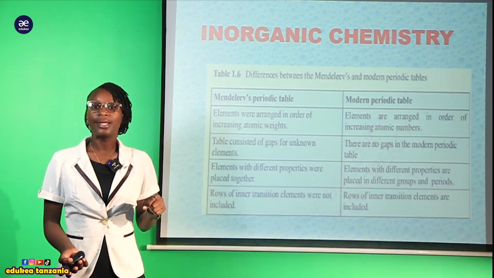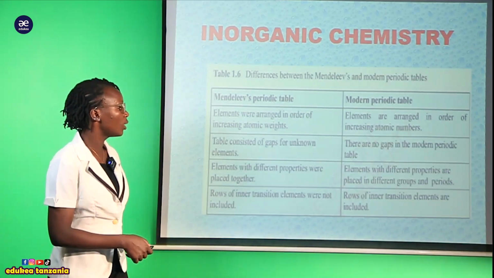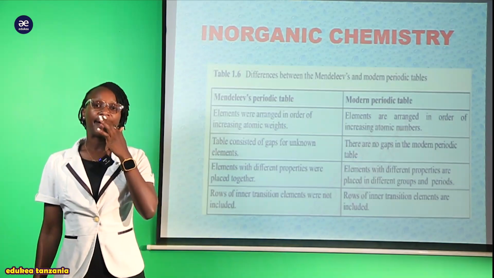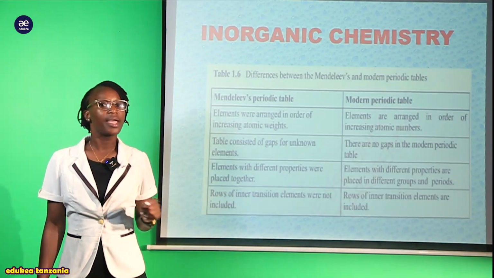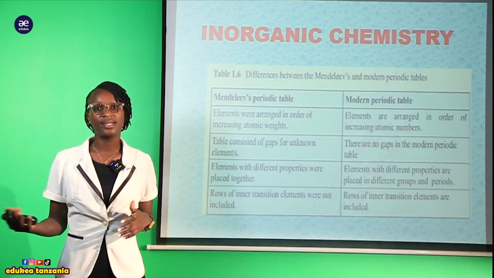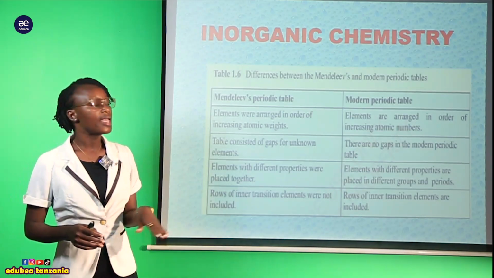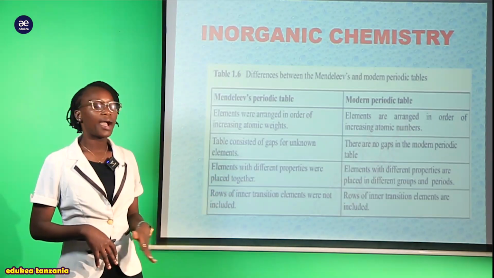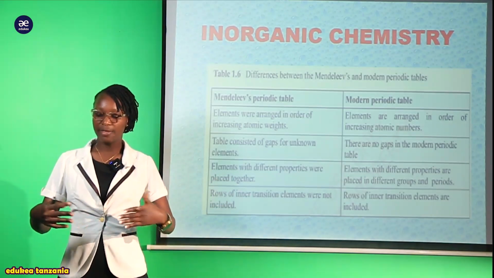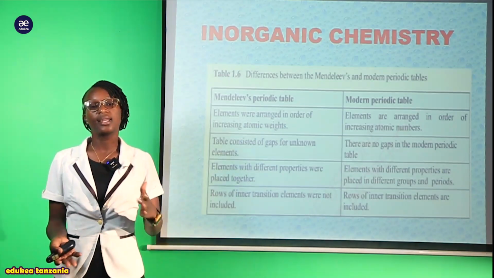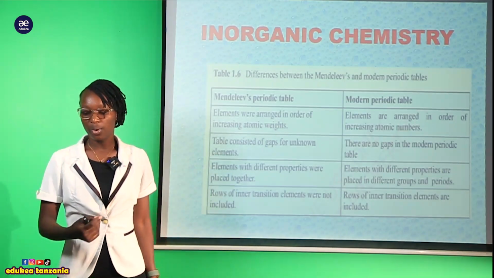Zenyewe ni transition element, ila zinaitwa the inner transition element. Katika table ya Mendeleev hakuinclude hizo lanthanide and actinide, lakini aliacha gaps ya element ambazo zilijulikana, lakini huku akafanya ile category, akasema this is the inner transition and this is the outer transition, na inner transition zikawa na sehemu yake kwenye periodic table.